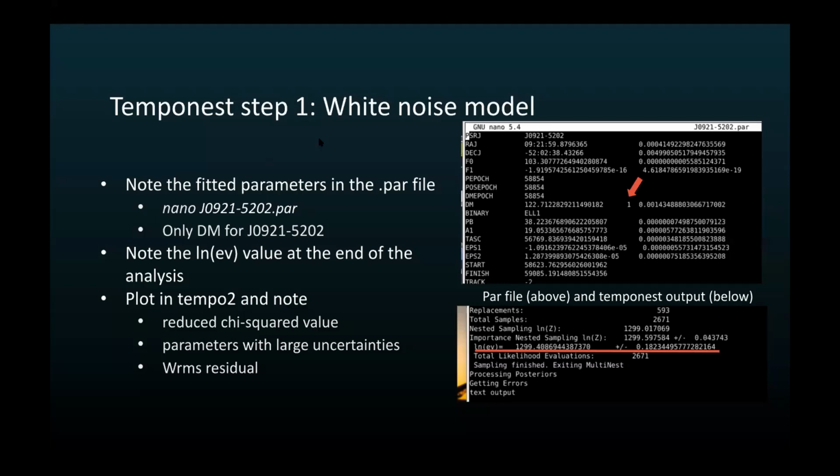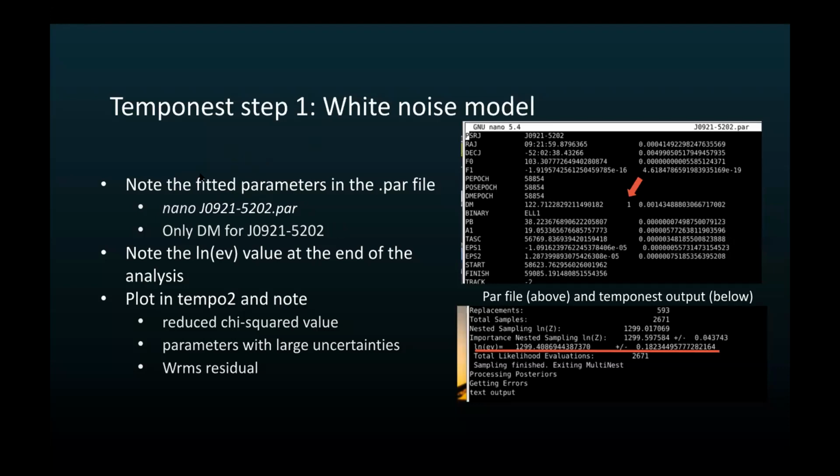The other thing you need to do is also note which fitted parameters are in the par file. So we did this just before in tempo2, but it's important every time you run TempoNest, just note down somewhere, along with the noise model that you're running and the evidence that comes out, which parameters were fitted in the par file or by looking at tempo2.